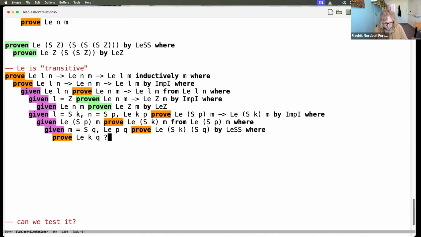So we ought to be in a position to go inductively. So there's just a little bit of craft to show you. I grab the goal that I started with, and I replace L by K, N by P, M by Q.